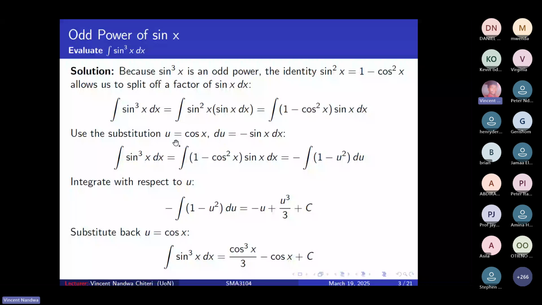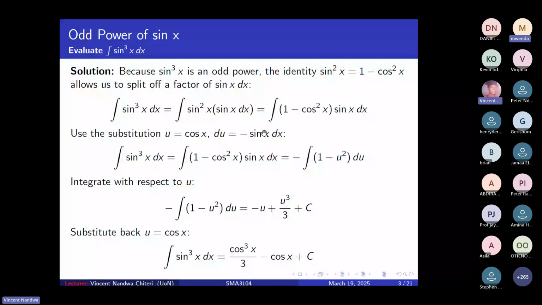Where there's cos squared, you replace it by u squared, and where there's sine x dx, it is negative du. You can either make dx the subject, or you can clearly see that when you multiply both sides by -1, sine x dx is the same as negative du. So that's why I have this negative here.